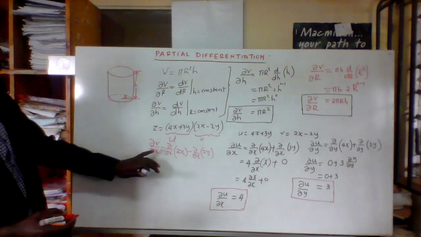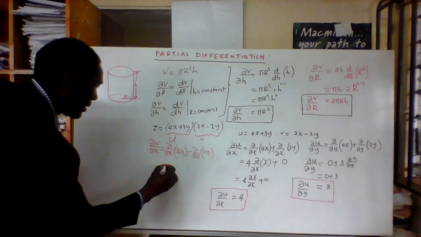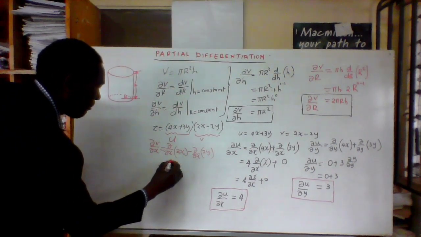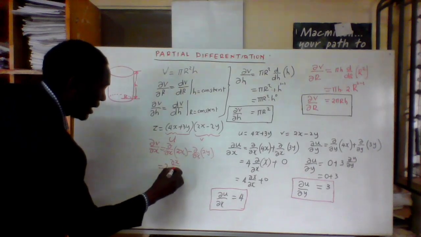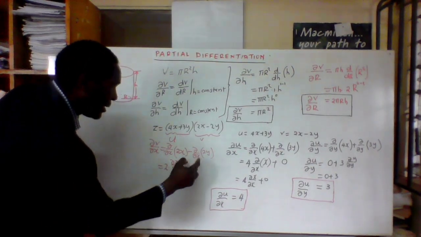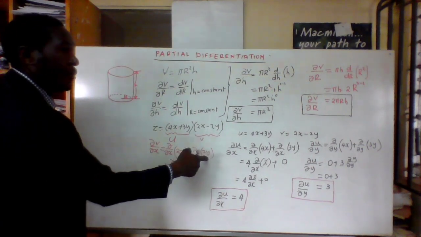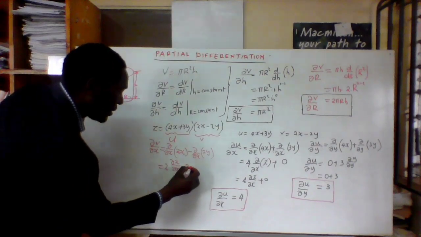Remember, here we are keeping y to be a constant. This gives us 2 can sit outside there, and we have the partial derivative with respect to x of x. Then we have minus 2 is a constant. The partial derivative of y with respect to x is equal to 0.